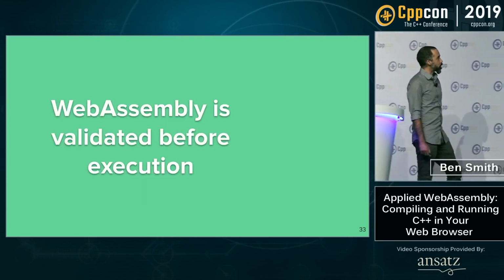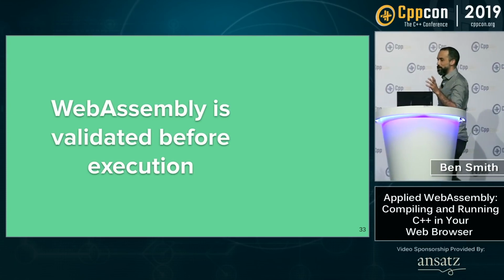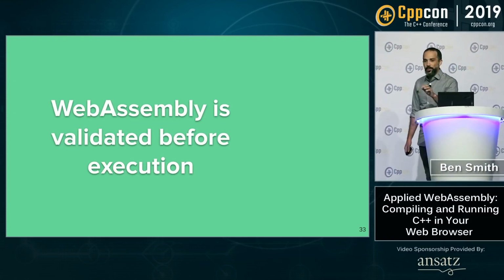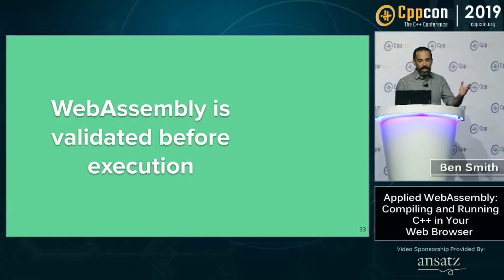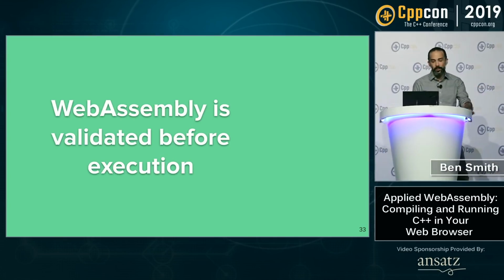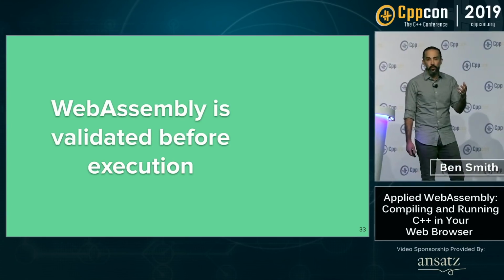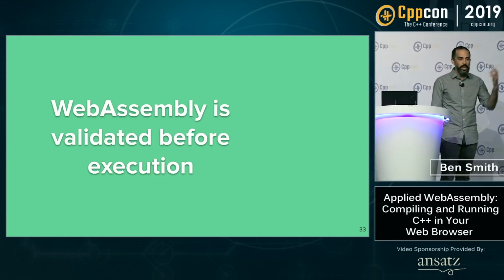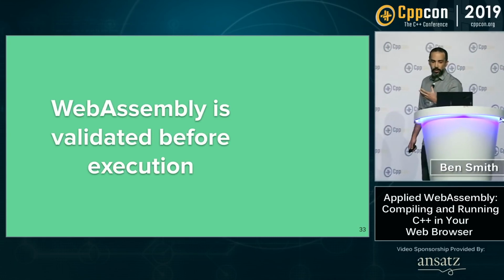All right, so another thing about WebAssembly is that WebAssembly is validated before execution. A lot of CPUs maybe don't do this, right? But because it's statically typed, we can actually validate the entire binary. And this is necessary, right? One of the reasons that we created WebAssembly is because we need to be able to take untrusted code from the web, and then run it in the browser, right?